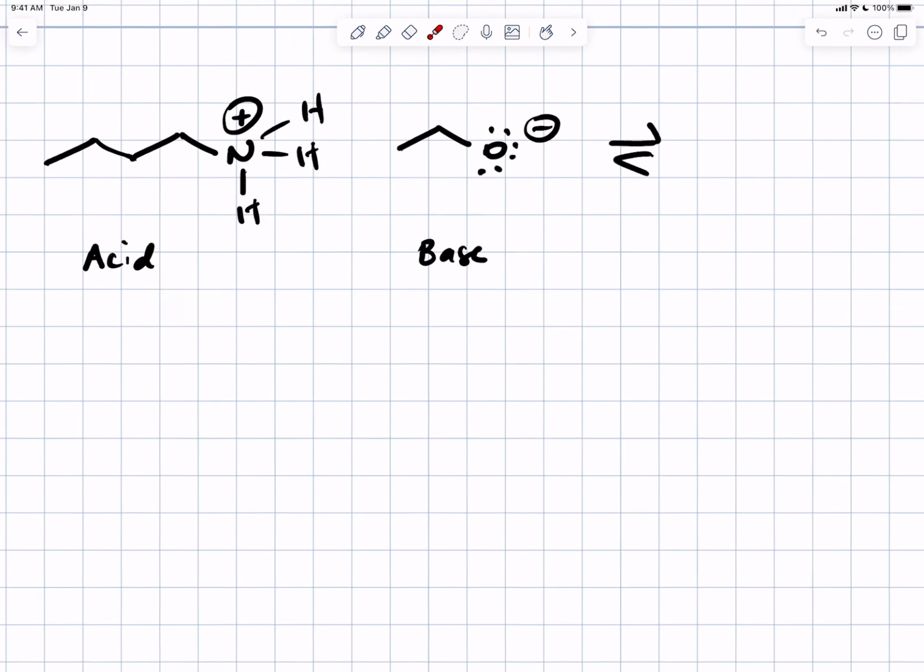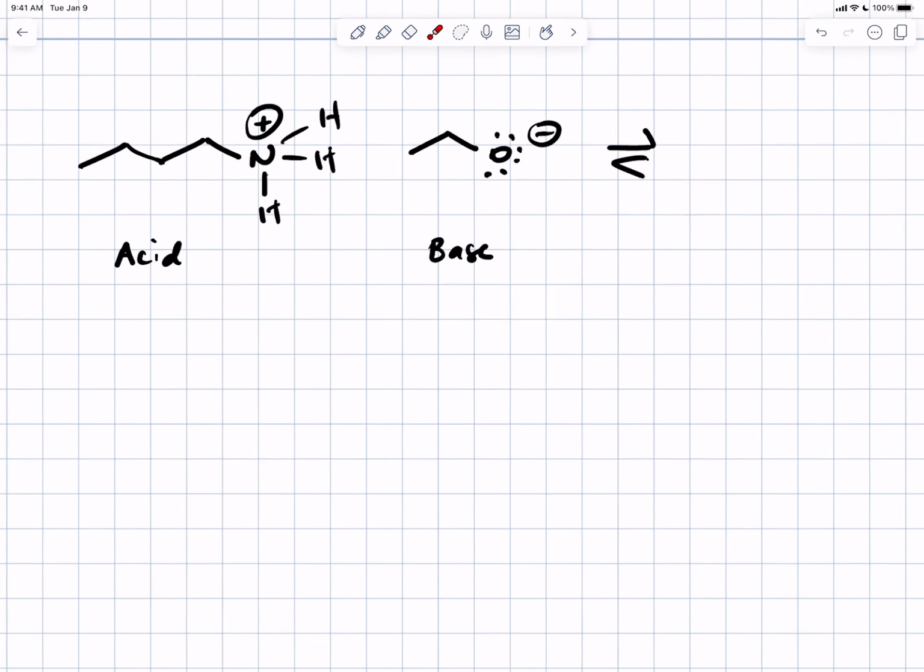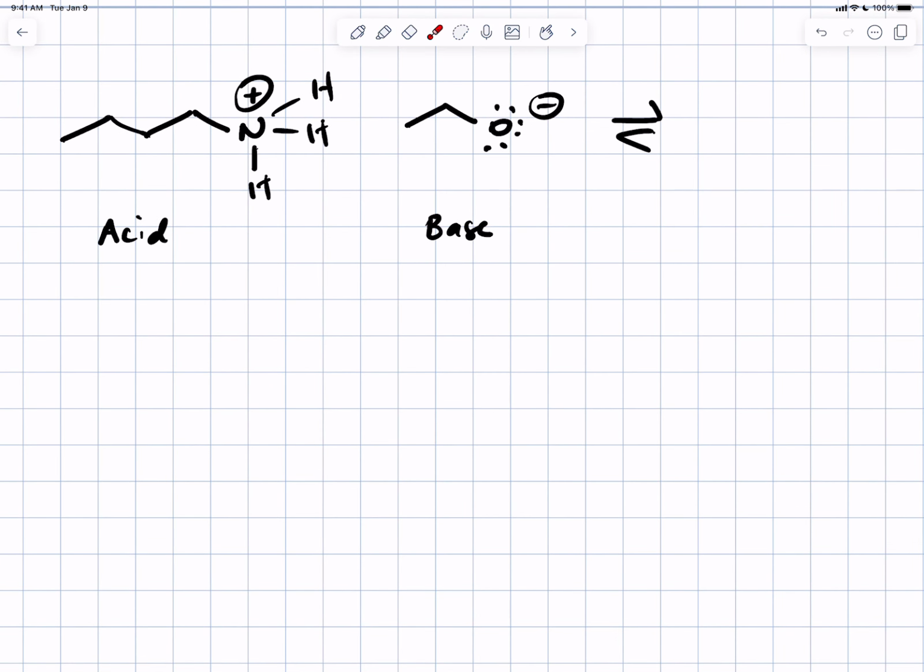We'll see that all Bronsted bases are nucleophiles. In the same way, this Bronsted acid that's a proton donor is a Lewis acid and is also an electrophile. The empty orbital that's going to accept electrons is the nitrogen-hydrogen sigma star.